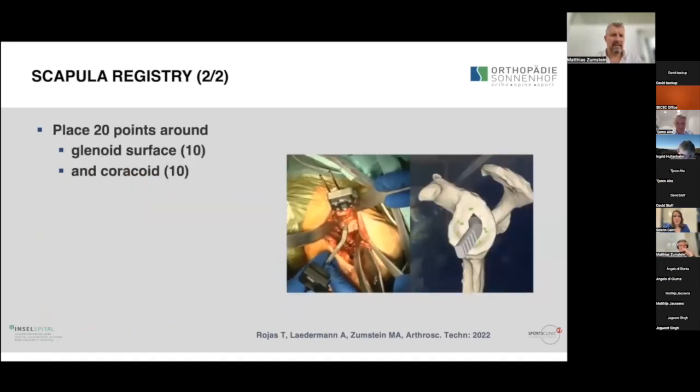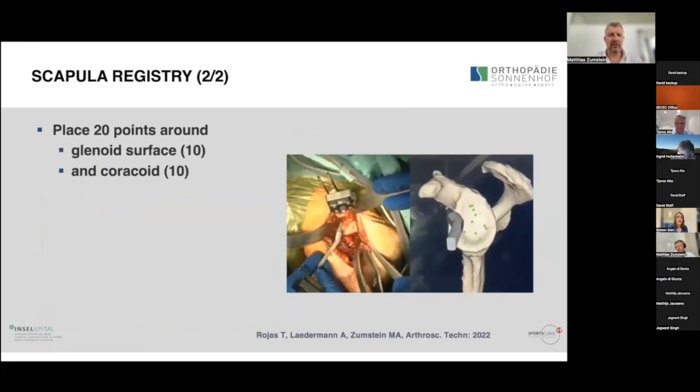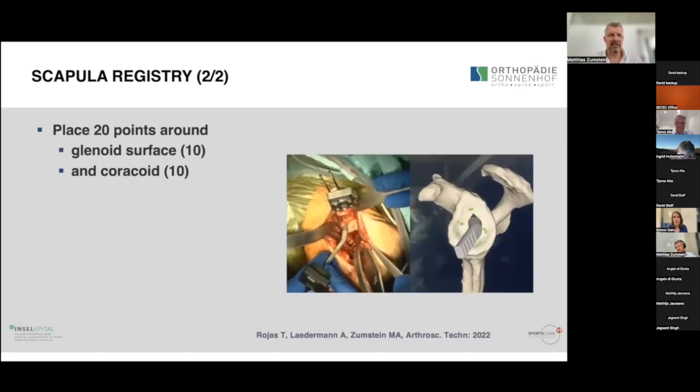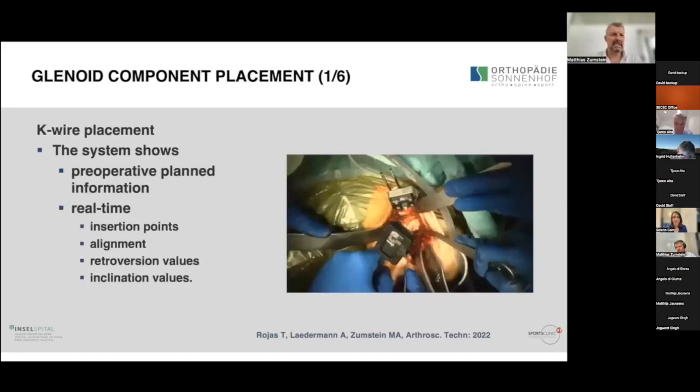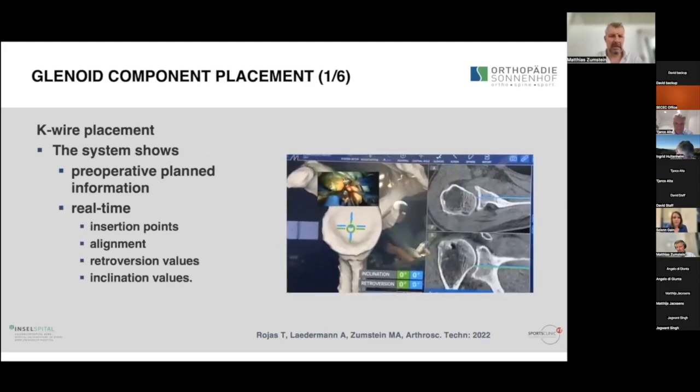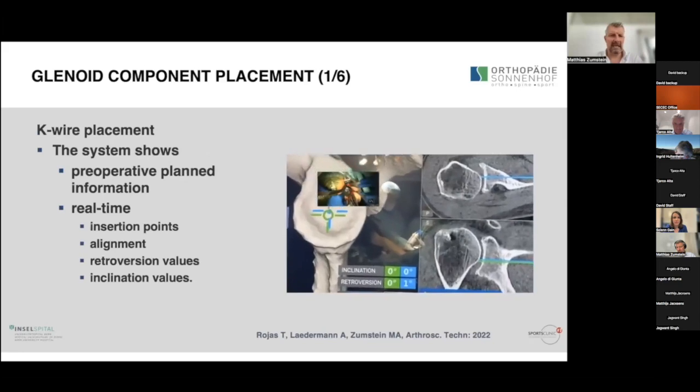After that, you define 20 points on the glenoid as well as on the coracoid in order to precisely match the bony surface of the patient's anatomy with your system. Then you can start to operate, including this augmented reality and navigation.